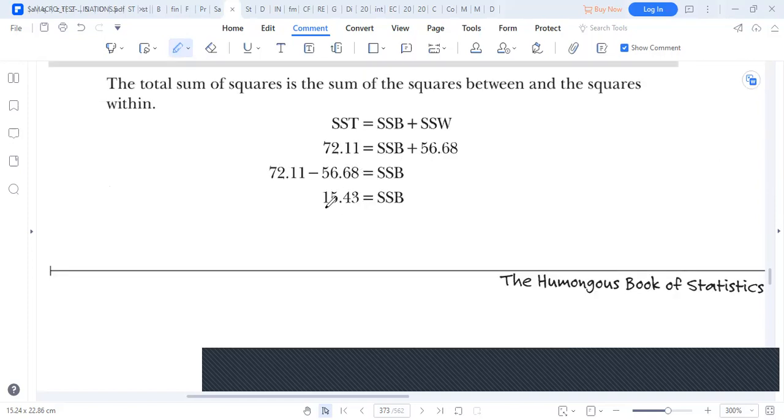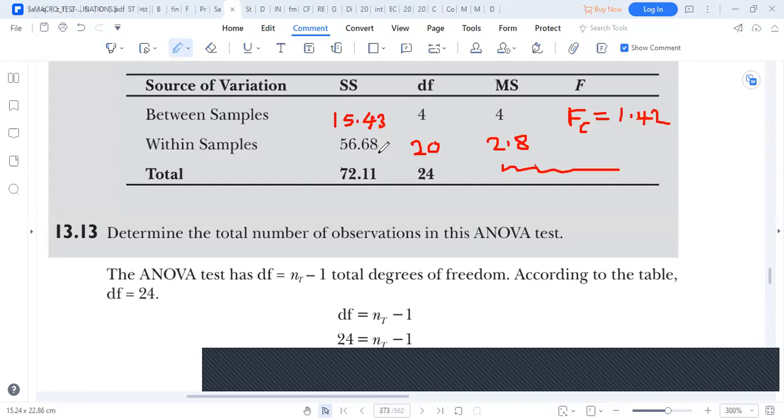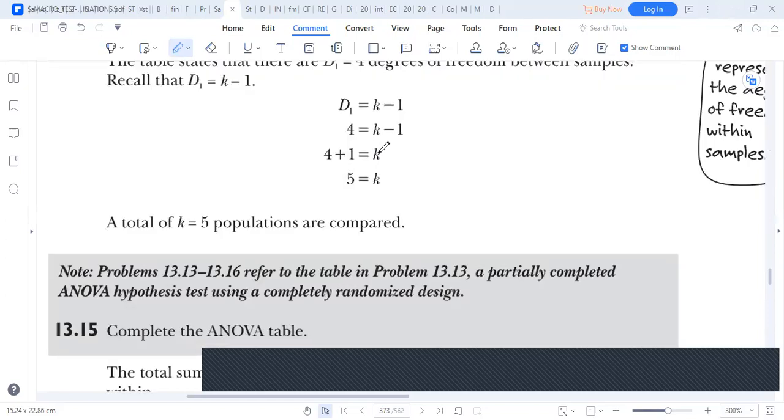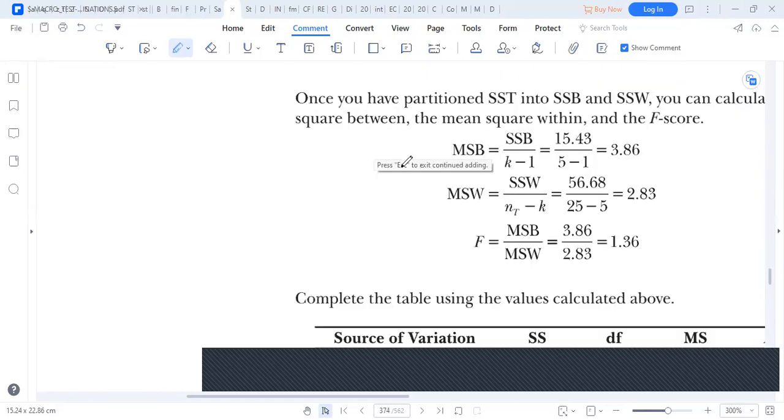When you got the difference 15.43, is that what you got? Yes. Then you also want to find our mean square, divided by 4. The actual answer was 3.86. They just rounded it up. Then you divided 20 in there, which is 2.83.